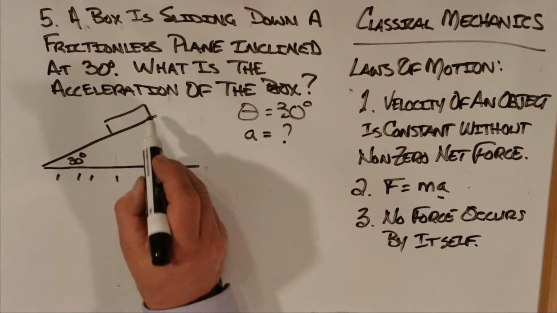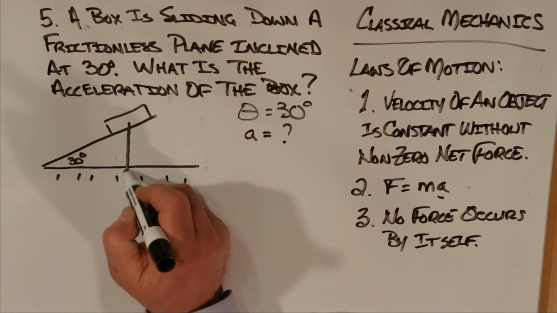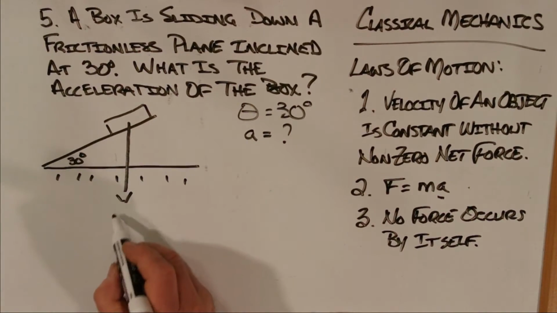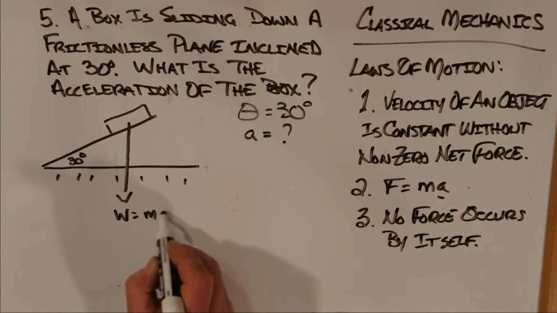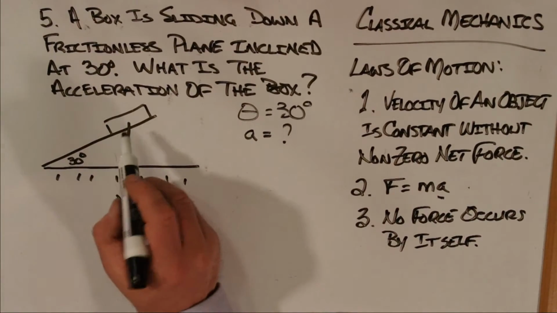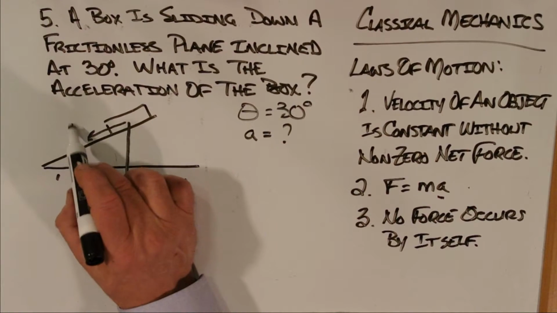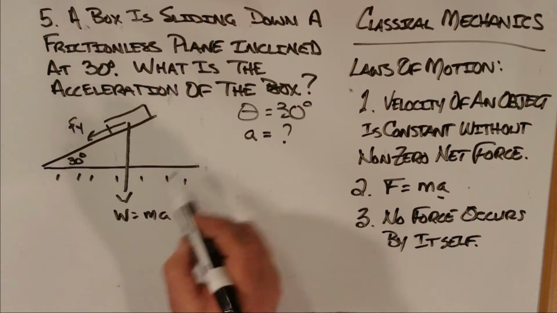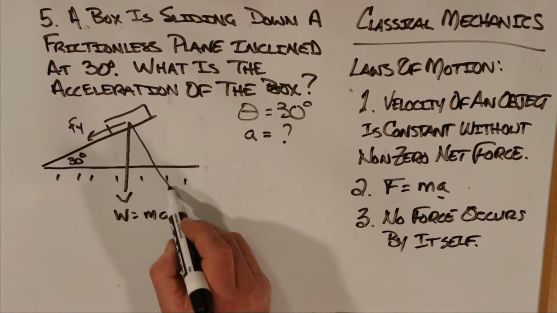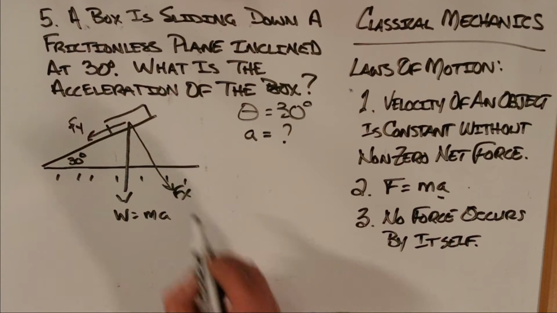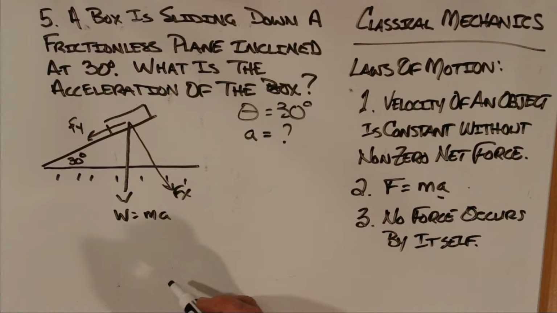The box, of course, has a weight because it has mass, and it's always directed directly downwards towards the center of the Earth. The weight is mass times gravitational constant, as is true for all objects on Earth. And that can be reduced to its components in the x and y direction.